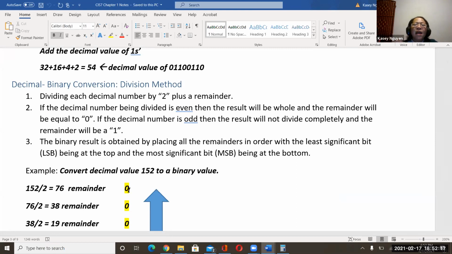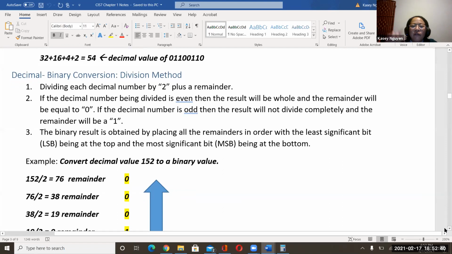If you have a remainder, it's going to be a 1. If there's no remainder, it's a 0. If it divides evenly, that's a 0. If there's a remainder, you put a 1. And when you're finished, you go from bottom up, left to right.